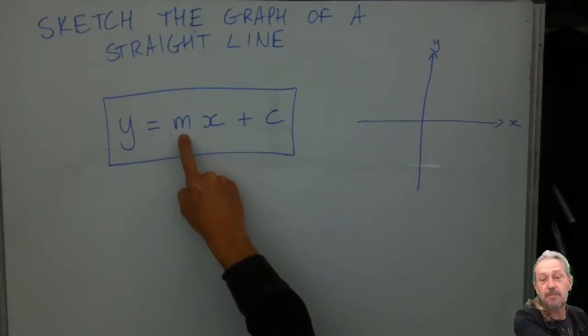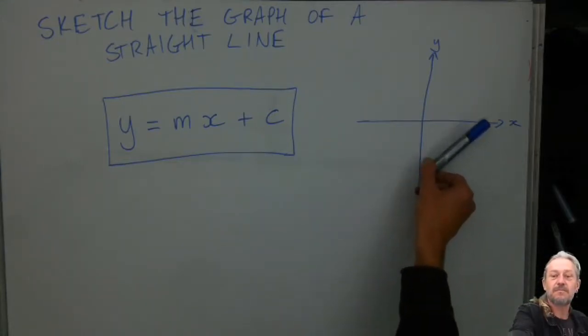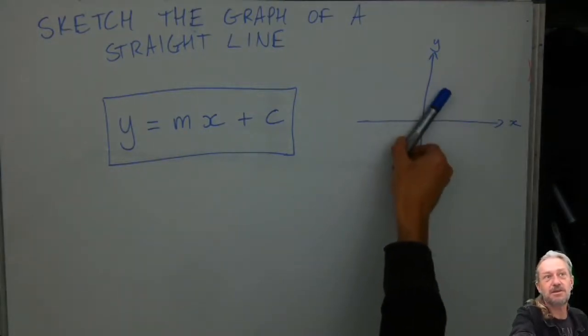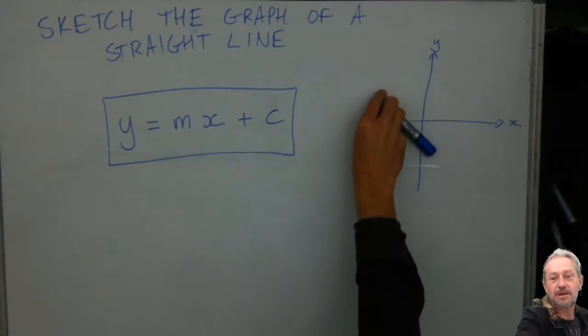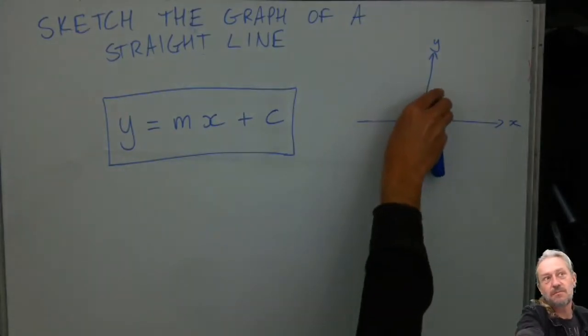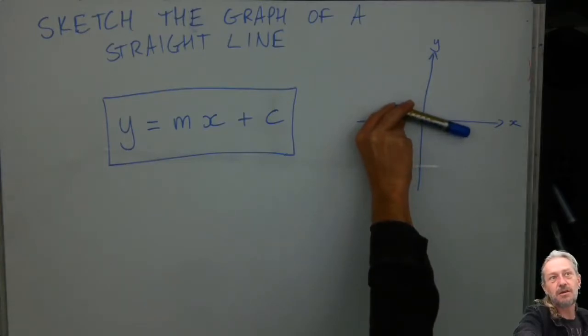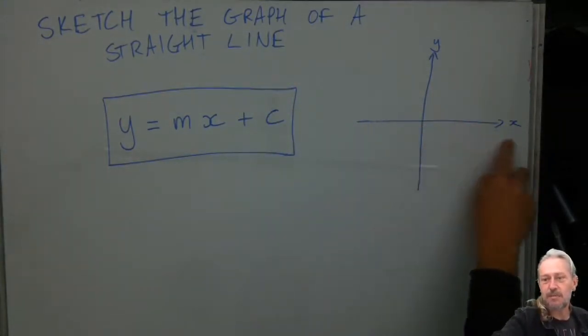If we've got a positive gradient, it's going to be heading up as we go in the x direction. If we've got a negative gradient, the line is going to be going down. It could be really steep, it could be quite shallow, but if it's negative, it's going to be going down as we move up in the x direction.